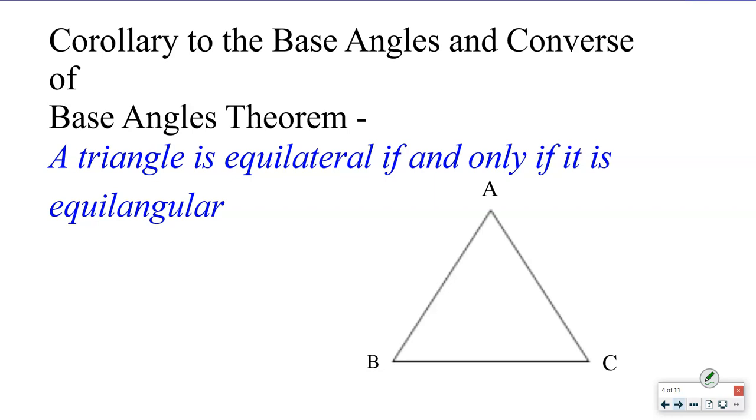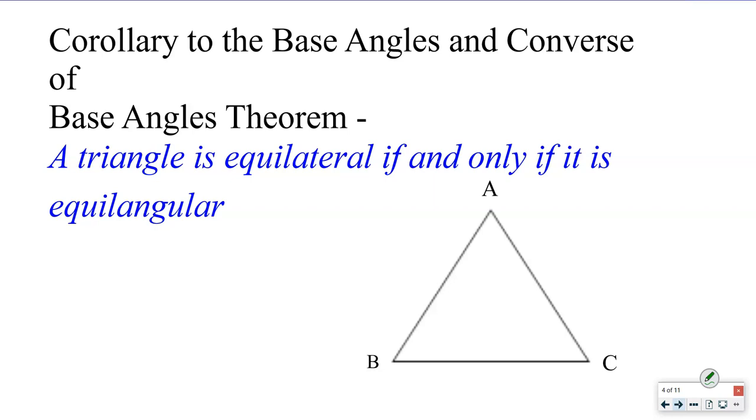Since we're able to say that 2 sides are congruent means that 2 angles are congruent, then it logically follows that if all 3 sides are congruent, then all 3 angles are going to be congruent, and vice versa. If we can see that 2 angles are congruent so we know 2 sides are, then it logically follows if we can say 3 angles are congruent, then we can say 3 sides are congruent.